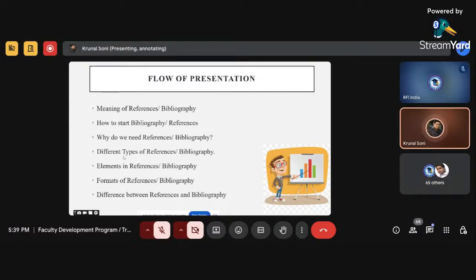Then what are the different elements and parameters if you want to draft a particular reference in a bibliography? I have almost explained, like the journal name, where it has been published, in terms of volume, issue, and year of publication. These are the various parameters covered depending upon the different formats of referencing and bibliography that we are going to refer to.